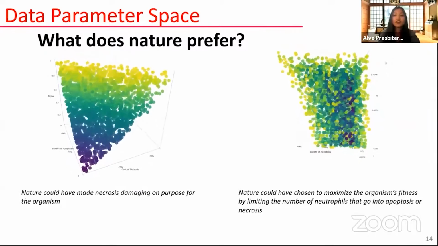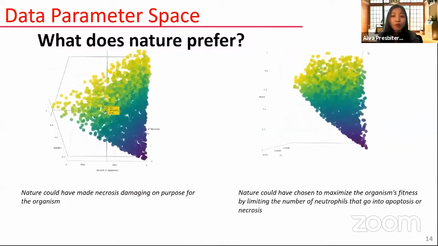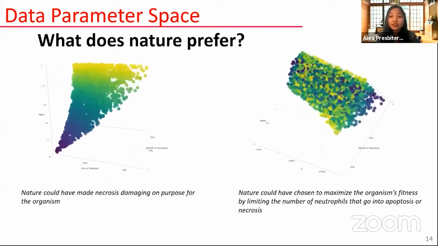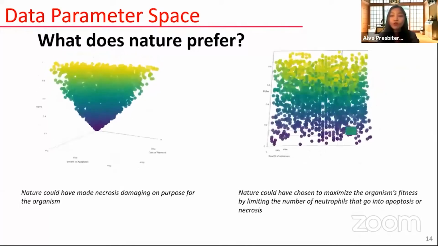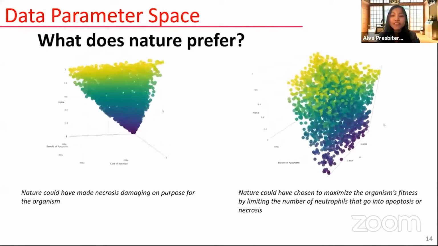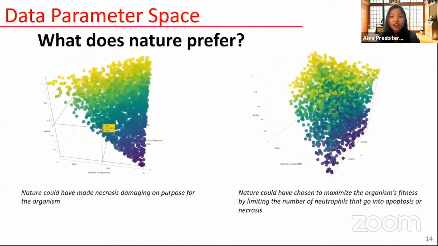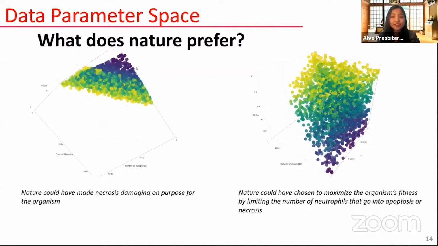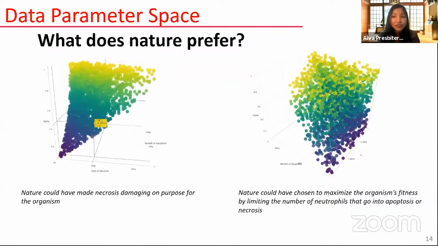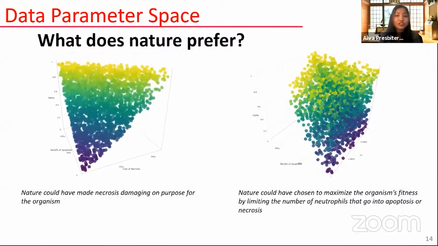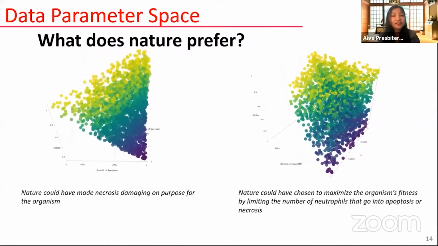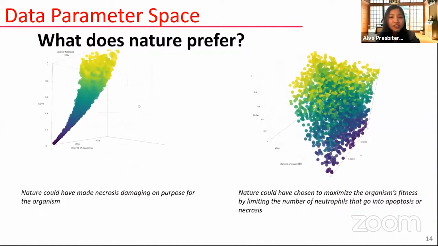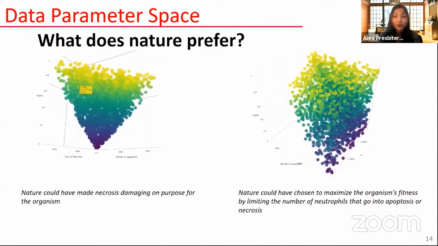So we see here a stronger resolving power of ITMs, or higher values of M, that correspond to a narrower range and lower benefits of apoptosis and cost of necrosis in the data parameter space. So what this tries to tell us is that probably nature could have chosen to maximize the organism's fitness by limiting the number of neutrophils that go into apoptosis or necrosis.